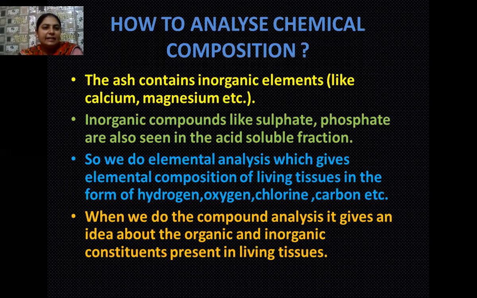Later on, the scientists do the elemental analysis, and this gives the elemental composition of the living tissues in the form of hydrogen, oxygen, chlorine, carbon, etc. After this, they do the compound analysis and they find that both types of compounds are present. Besides inorganic compounds, we have organic compounds also, which are present as constituents in these living tissues.